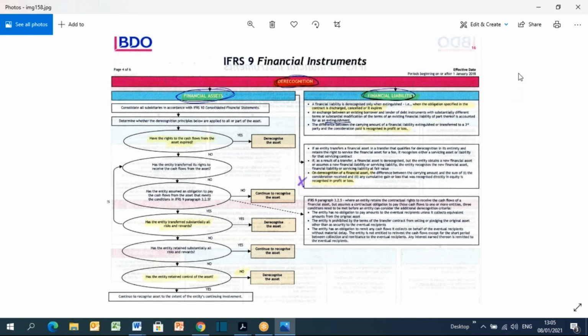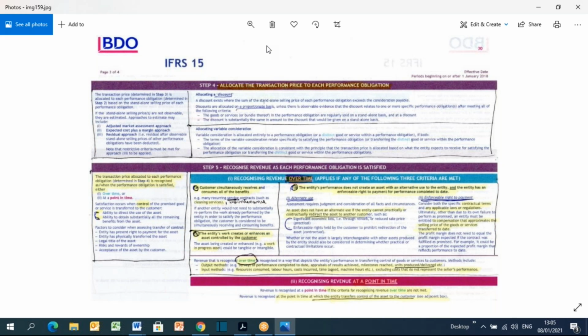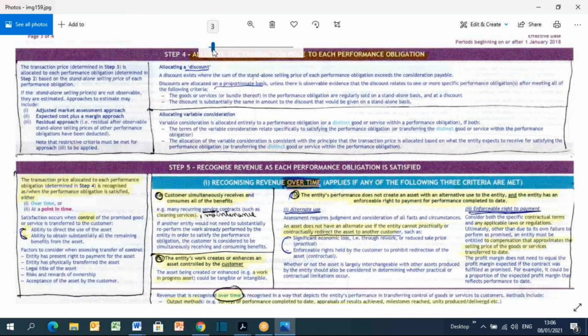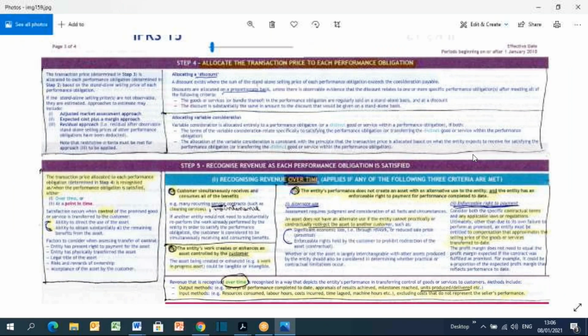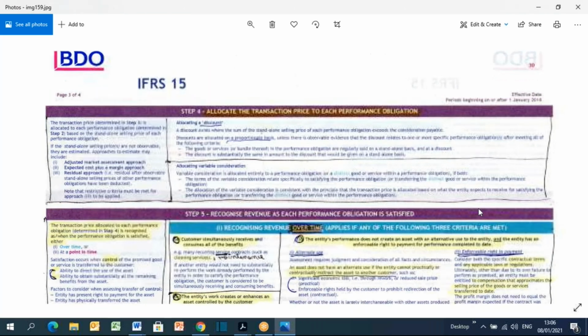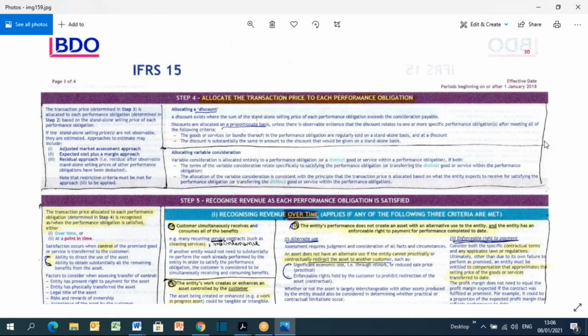All right, so if we move on, the next standard is IFRS 15. Now IFRS 15, again, is a very important standard, and as you will see in these notes, the standard is explained in a few pages. I've chosen this page where it has step 3 or 4.